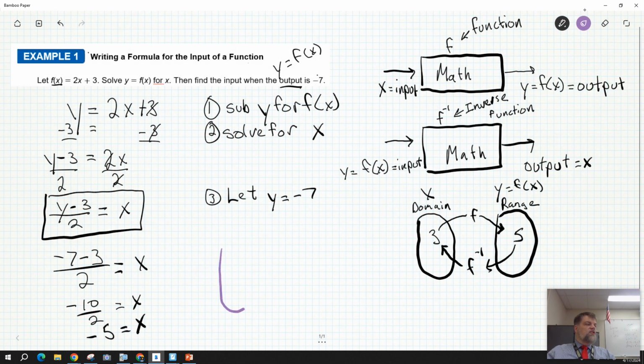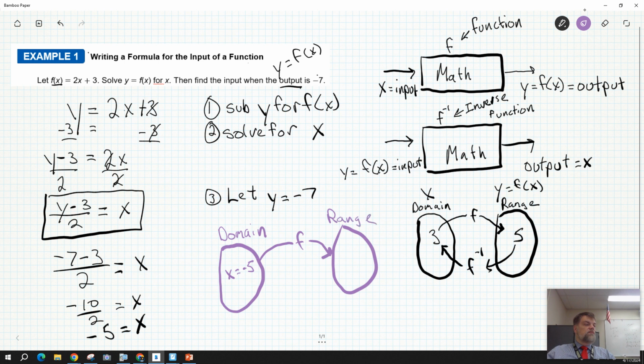That I have a function where the domain, when x equals negative 5, goes into some function f and spits out the range y equals negative 7.